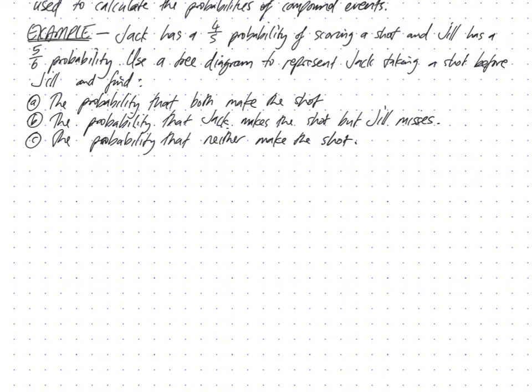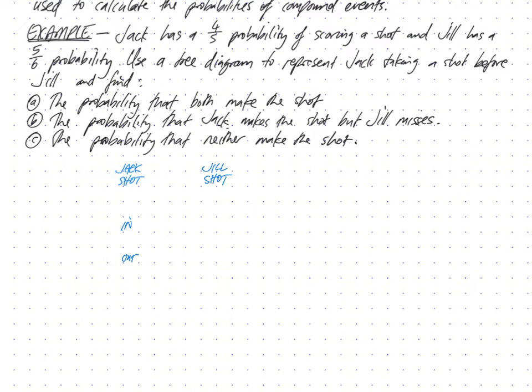So the two occurrences are that Jack shoots, the Jack shot, and then we've got the Jill shot. So we've got the two possible events in the Jack shot, in or out.